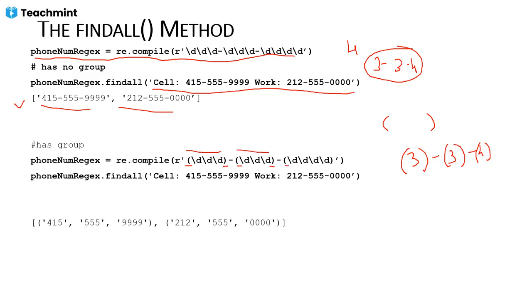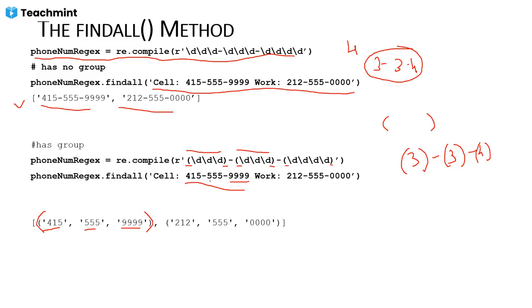Now, in the input, the way of calling is the same. I'm passing to this function, but it checks each and every group. The first 3 digits are the first group, the second 3 digits the second group, and the last four digits the third group. So this is one tuple.